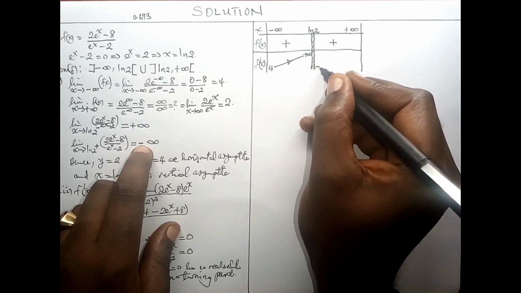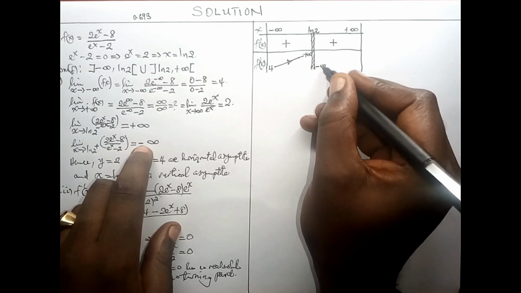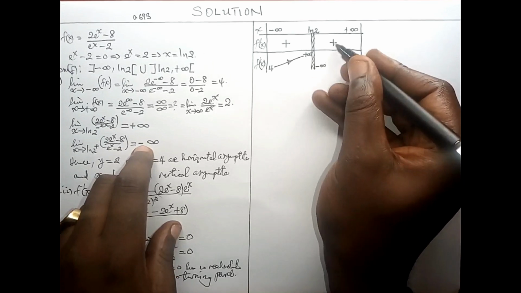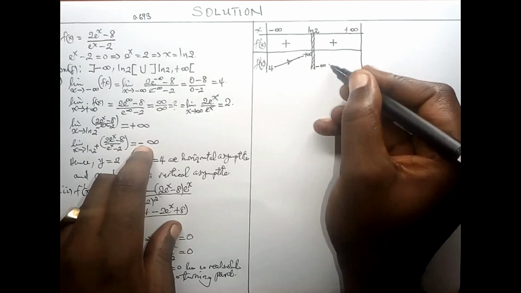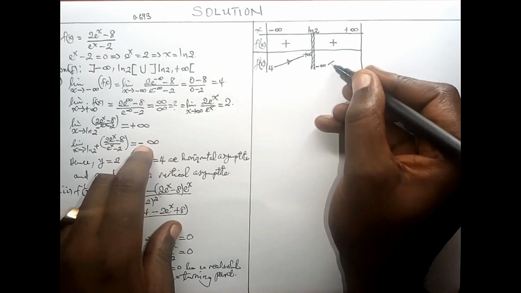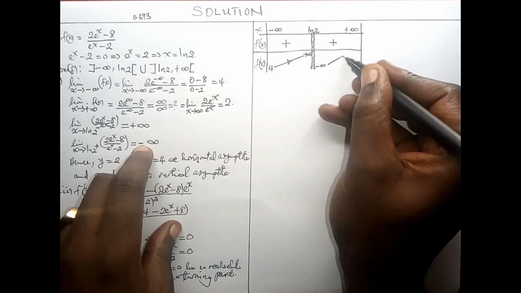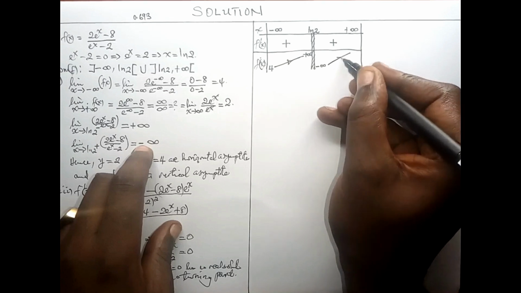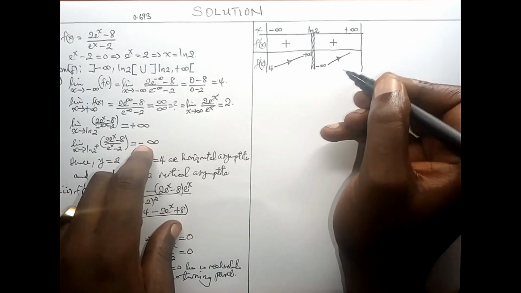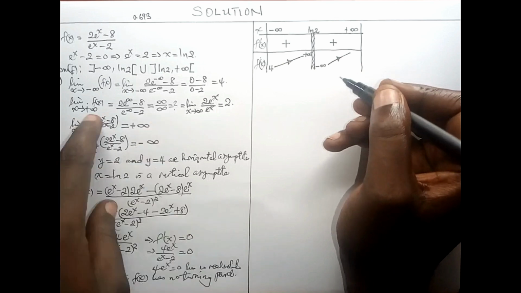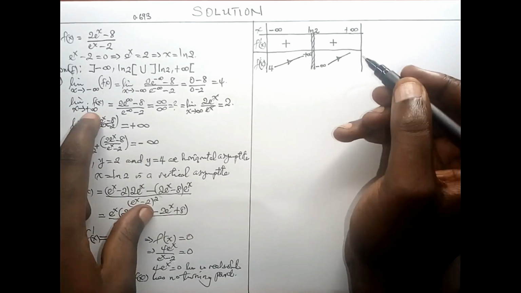So it will rise. Again, as x tends to infinity, f of x tends to 2, so it rises to a value of 2 there, which is also another horizontal asymptote. And that gives you the table of variation.